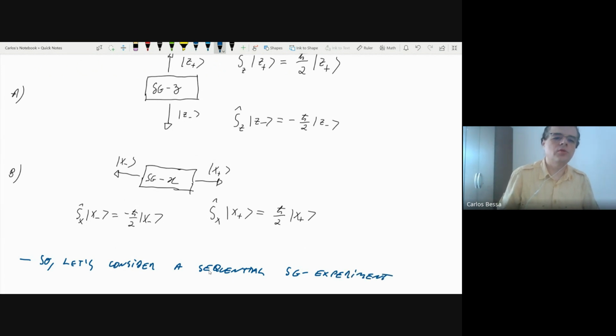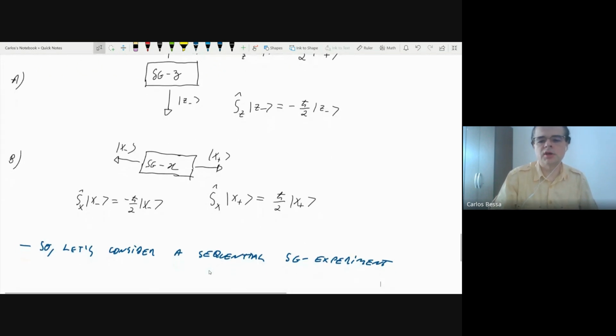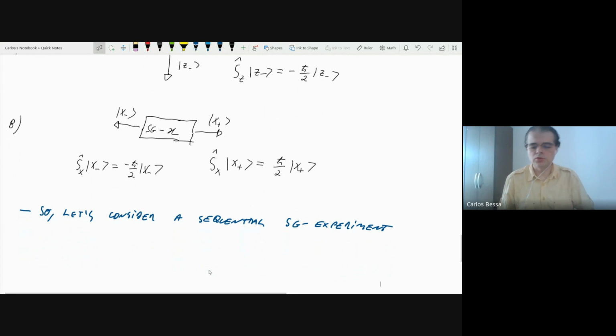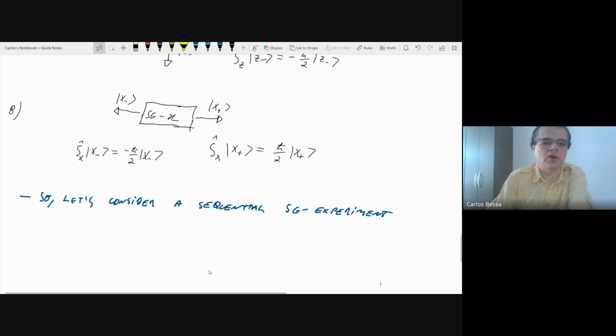We'll see a very simple example, using postulate 2 to evaluate the probability of where the atom goes, up or down. Or left or right, which would be the same.